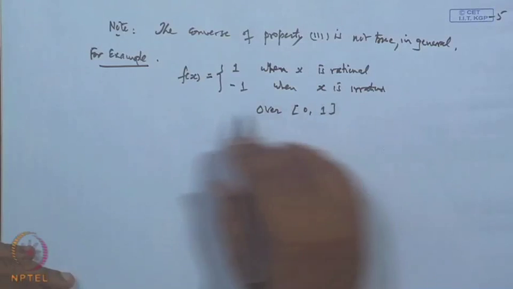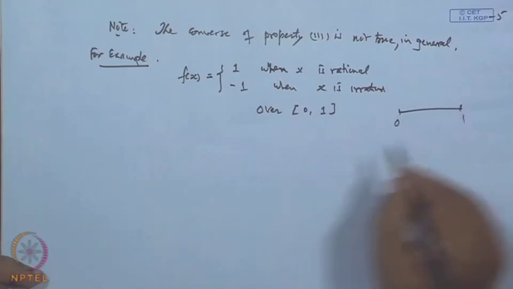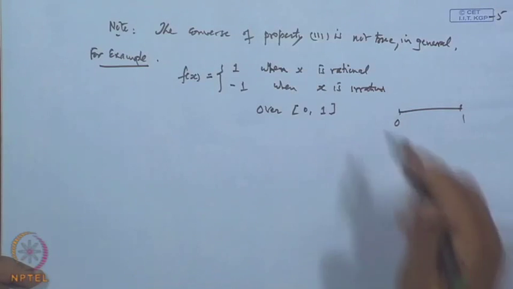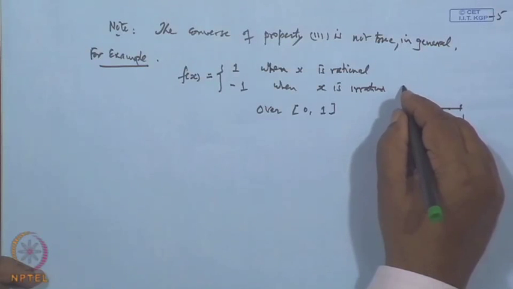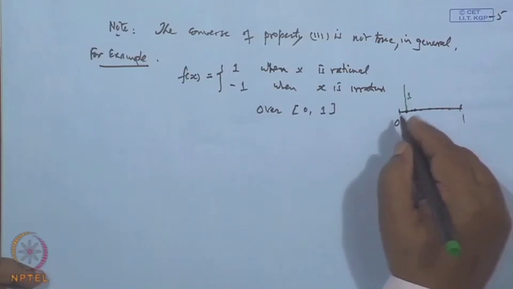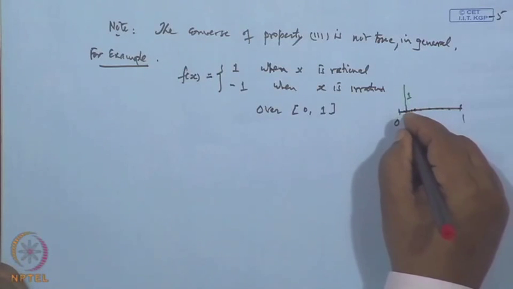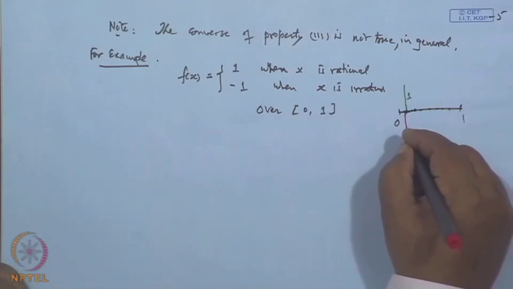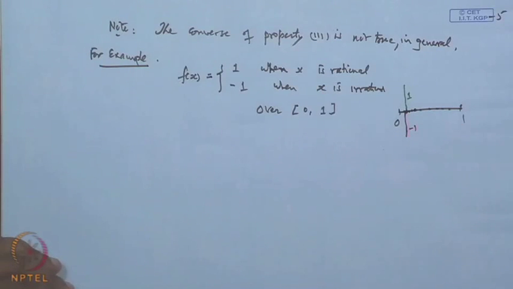Over this interval we are choosing the function f. At the rational points, which are very close to each other, the value of the function is 1, and for the irrational points the value of the function is minus 1. Continue this way. So we get this function.